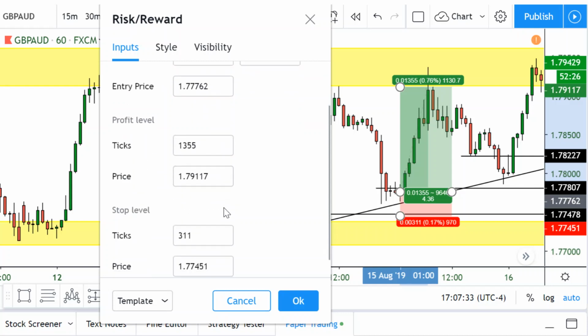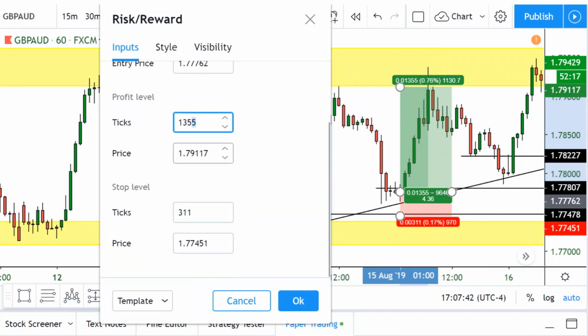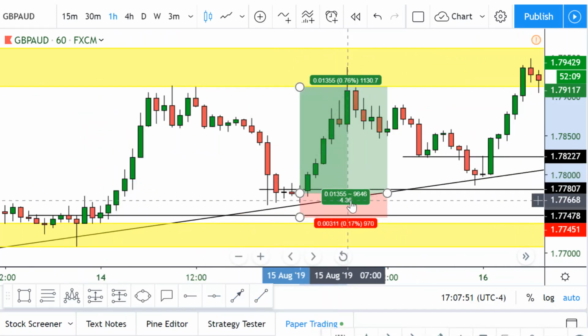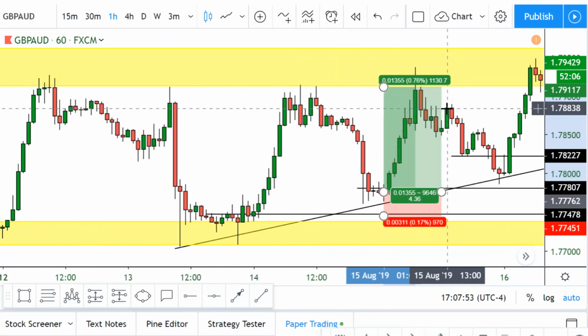If you ignore the ones place, that is a 135 pip reward. And then your stop, you're risking 31 pips on this trade, which gives us a risk reward of 1 to 4.36.